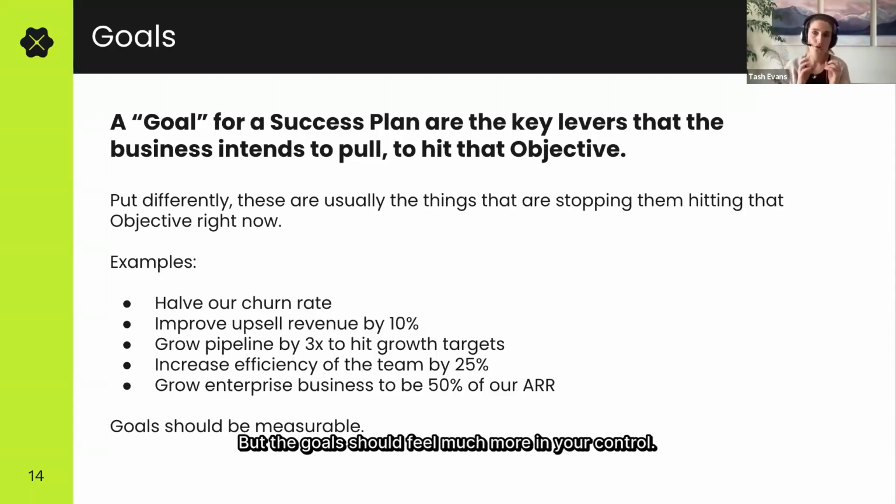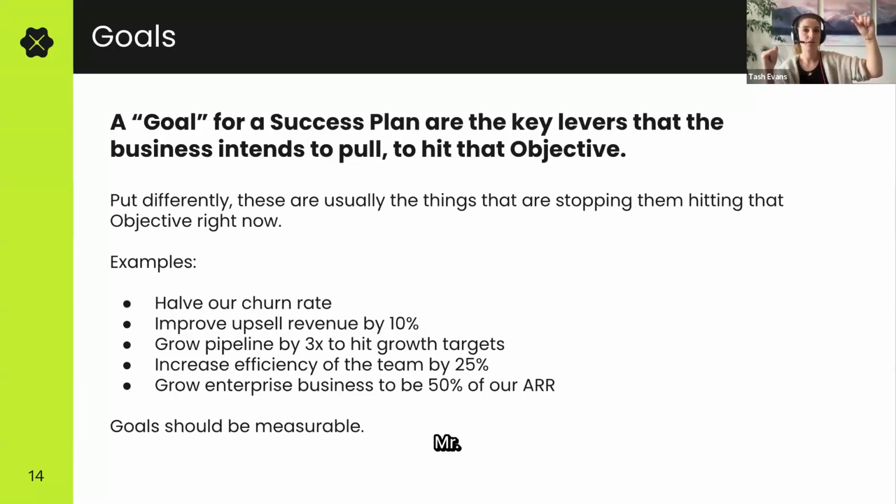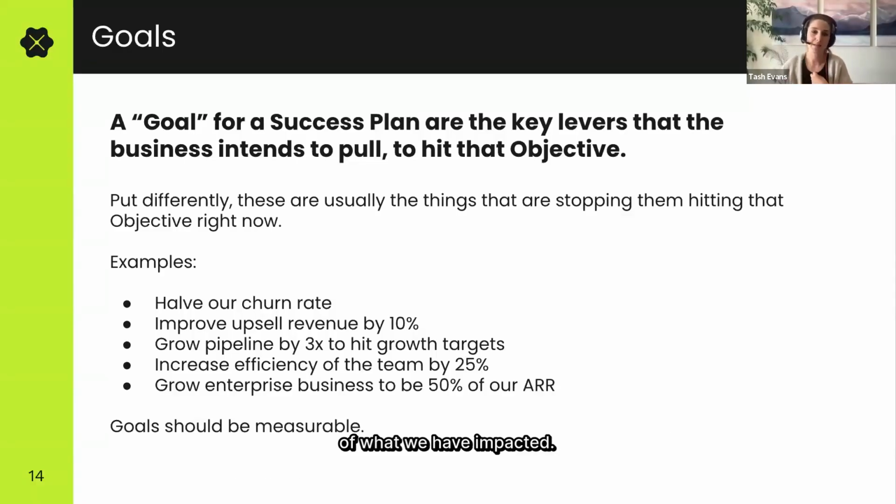But the goals should feel much more in your control. They should be the pieces that you can work on together. And therefore, measuring them, they should be really strong leading indicators that if we haven't hit your top objective, Mr. Customer, but we're on track with the goals, you can see the influence of our platform or the improvement in performance of what we have impacted.